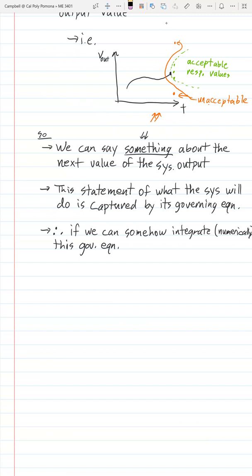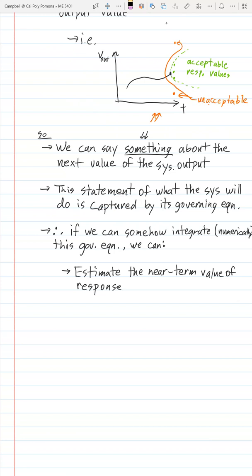And here I'll shorten governing and equation. We can, and I'll refer back up to this figure in a moment, estimate the near-term value of the response.